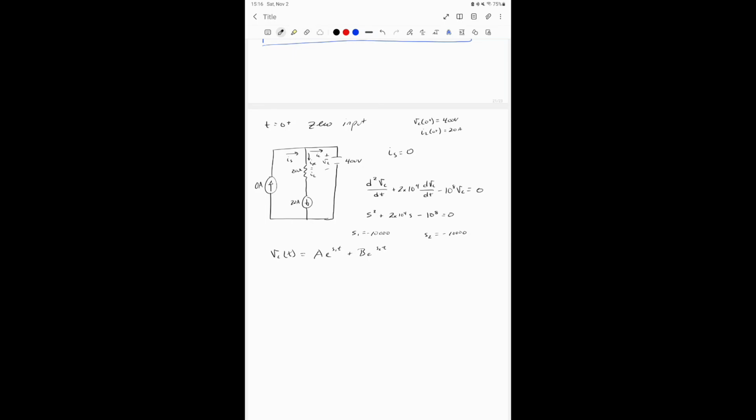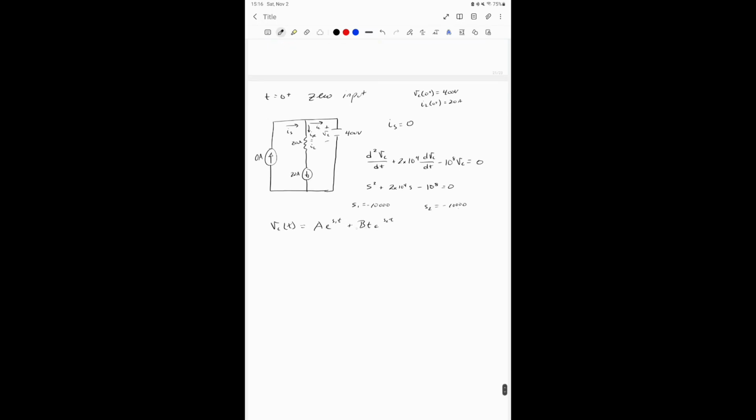In this circumstance, because our roots are the same value, we're actually going to have to add a t to this B function. So that's unique to the fact that when you have the same root, you have to have that in there. So this is going to be what our general solution to the problem is. And so for zero input, I think we have what we need at this point.